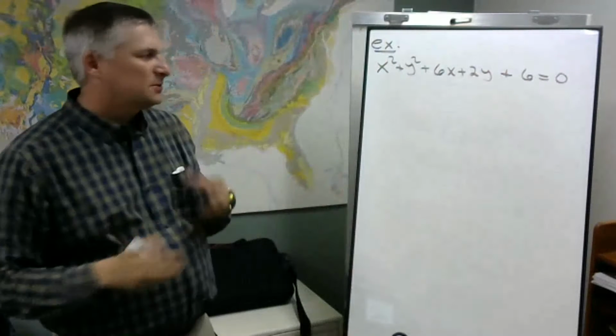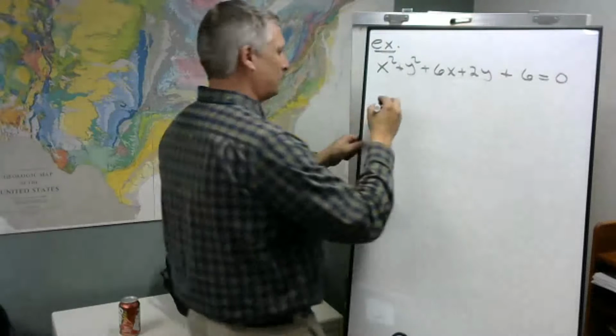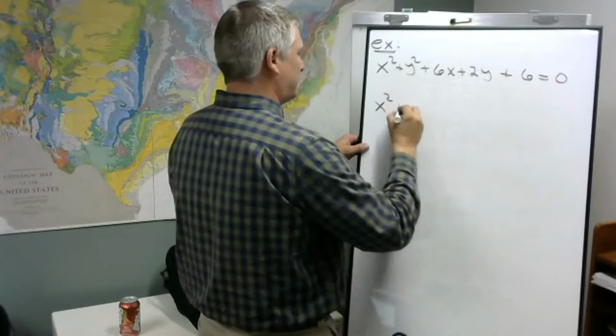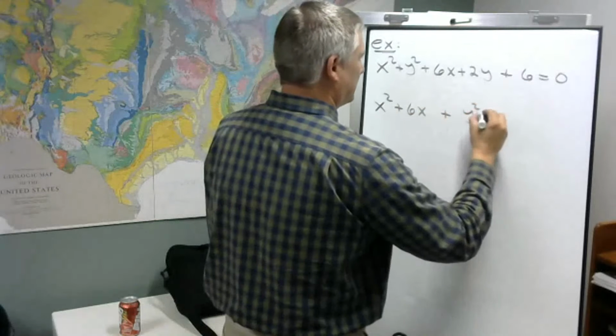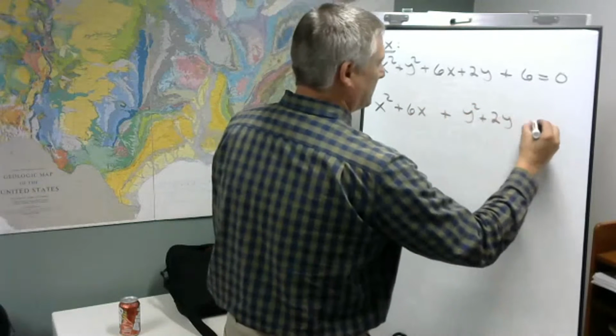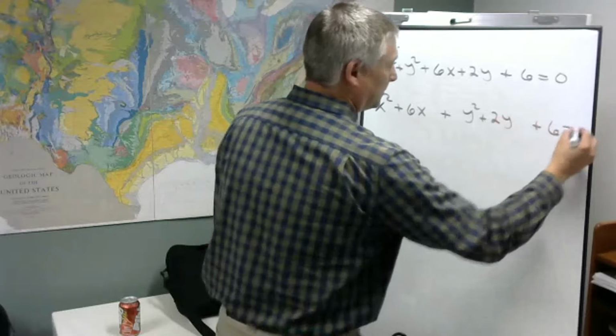So let's do a little rearranging. x squared plus 6x plus y squared plus 2y plus 6 equals 0.